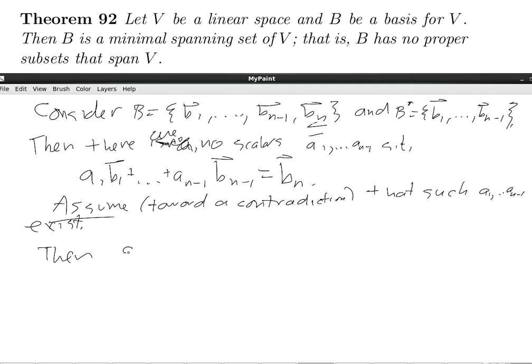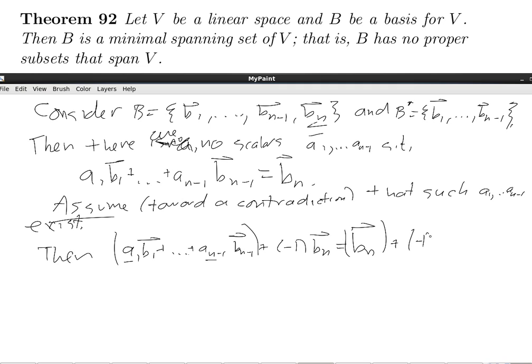Then A1 B1 plus ... plus An minus 1 Bn minus 1, these are the coefficients I'm assuming that I have, plus negative 1 times Bn. If I group these two together, I'm assuming that these things equal Bn, so that's Bn plus minus 1 times Bn, which equals 0. But not all of A1 through An minus 1 and negative 1 are 0. In particular, the negative 1 isn't 0.